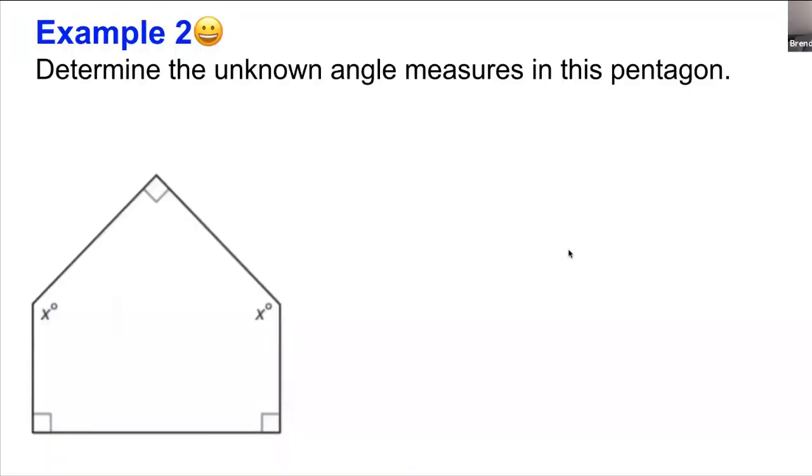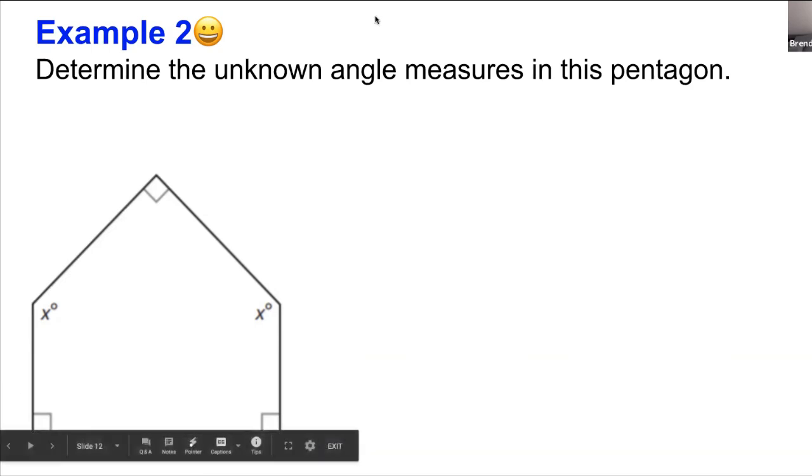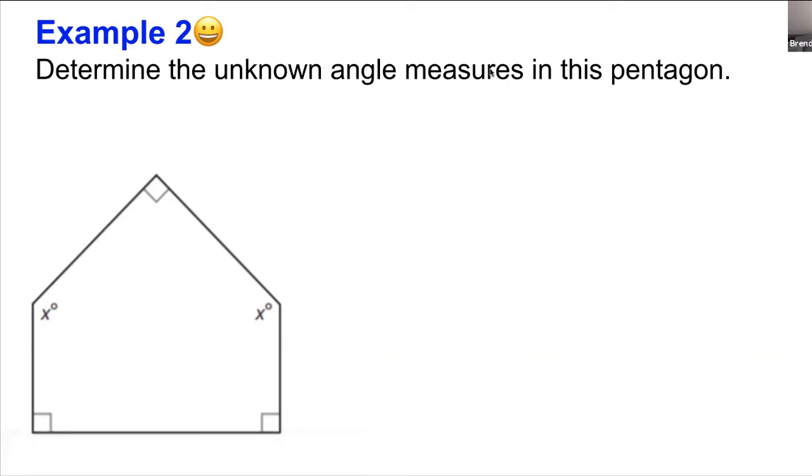All right, from the information that we have from the image, we're going to first determine what shape we have. Well, it appears to be a pentagon. 1, 2, 3, 4, 5. 5 sides. What are we going to do first? We're going to determine the sum of the interior angles first.